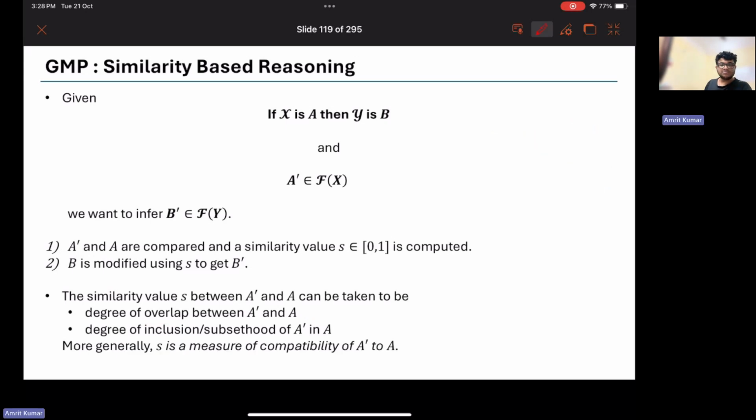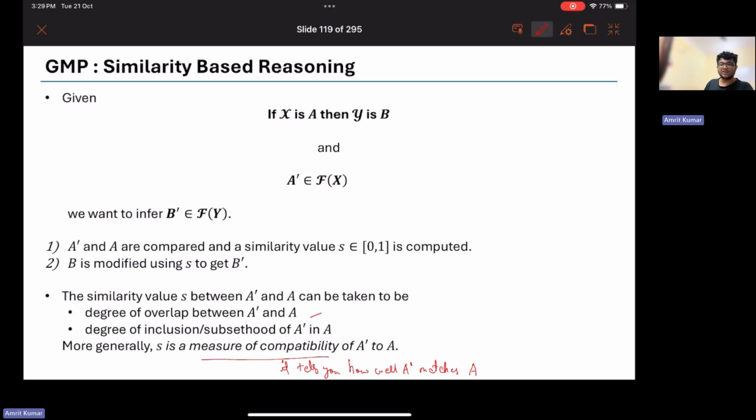Or in general, S is a measure of compatibility of A dash to A. It tells you how well A dash matches A.